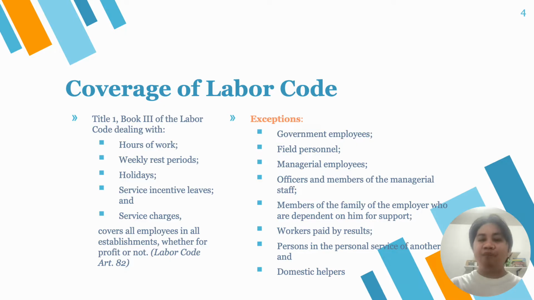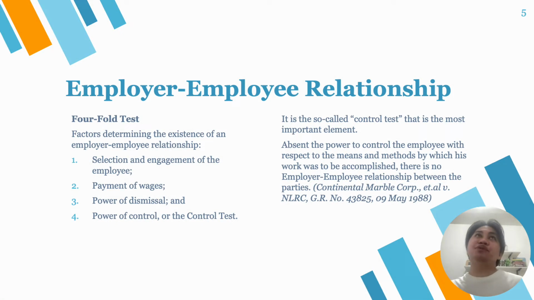Okay? Now, let's proceed to the establishment of the employer-employee relationship, because this matters with the fact that all of this discussion covers all employees. So it is important that we establish first whether there is an employer-employee relationship. Otherwise, you're not covered by the provision because you're not an employee. So when you determine the employer-employee relationship, the most prevalent rule that is being used here is what we call the fourfold test.